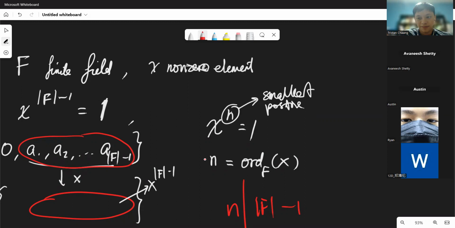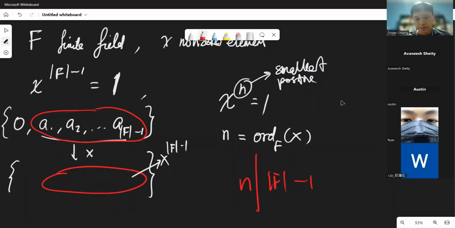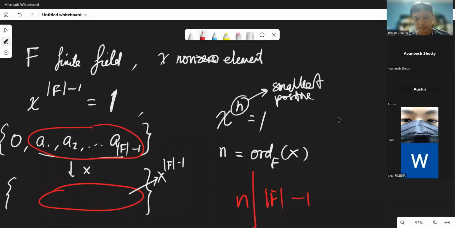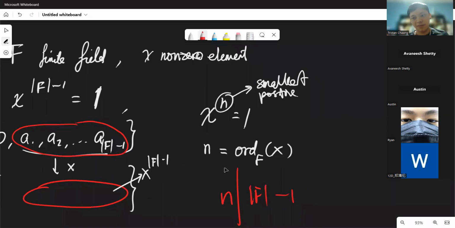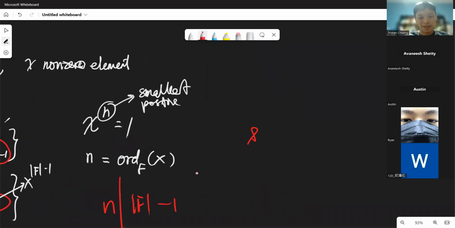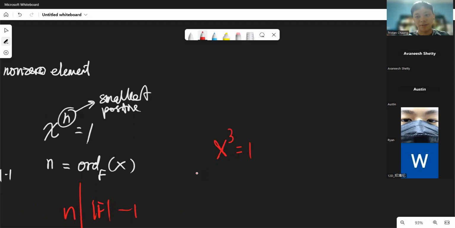Why is that true? Because by definition of order, it is the smallest such power. Well, what if x to the 3 equals 1, but then x to the 10 also equals 1, since the size of the set is 11?